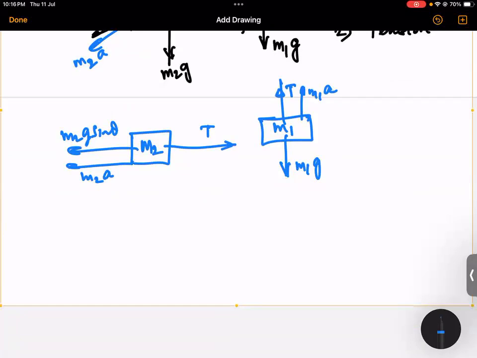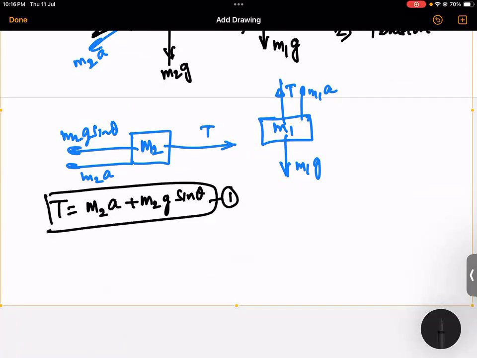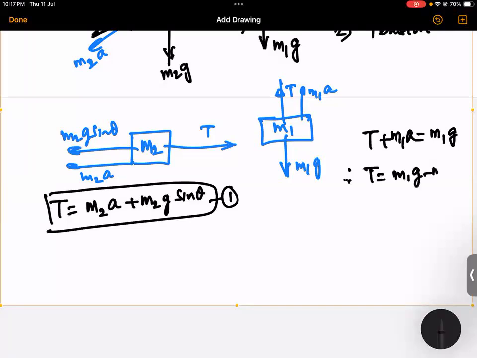Here T equal to M2a plus M2g sin theta. This is your first equation. This will be T plus M1a equal to M1g. Therefore, T equal to M1g minus M1a.